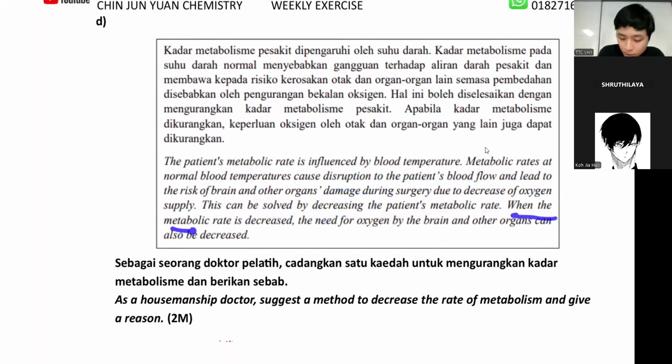When the metabolic rate is decreased, the need for oxygen can also be decreased. So what should we do? As a housemanship doctor, suggest a method to decrease the rate of metabolism and give a reason. They give you a very long story, but it's only 2 marks. So what can you do?